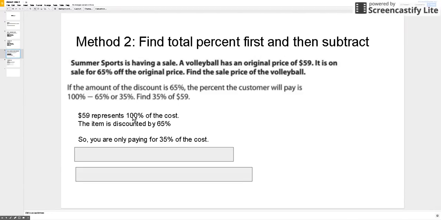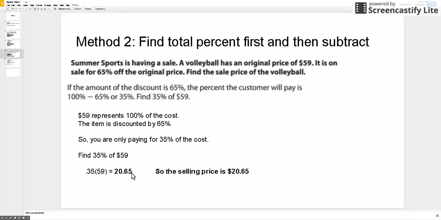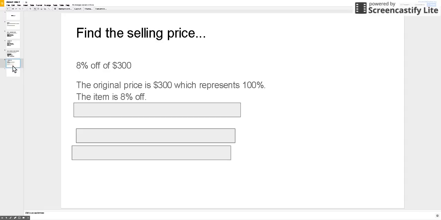So $59 is 100% of the cost, and the item is discounted 65%. You only end up paying 35% of the cost. So you can actually just find 35% of $59. And by doing that, you do 0.35 times 59 to get $20.65, okay? So your selling price is $20.65. So in this case, it's like you're almost skipping a step.